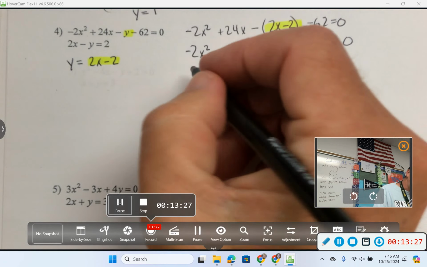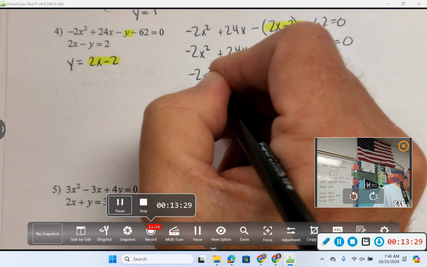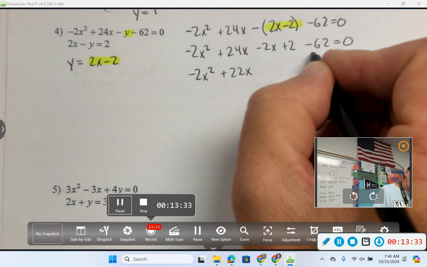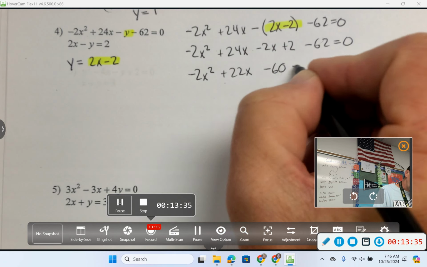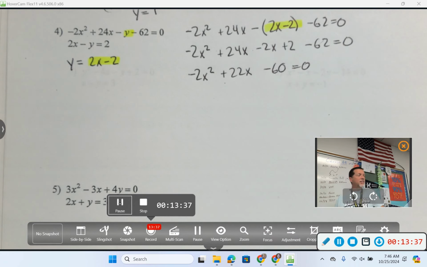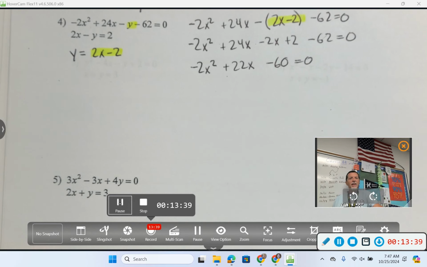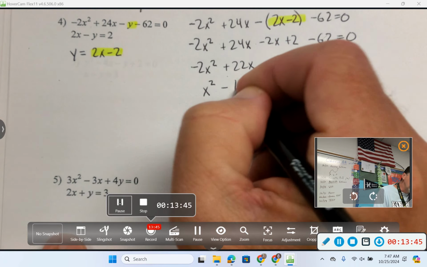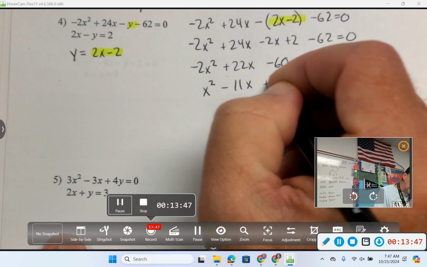Fingers crossed that it factors. Negative 2x squared plus 22x minus 60 equals 0. Because it equals 0, we can divide by negative 2 even. Make life a lot easier. So even if it doesn't factor, we've at least got easier numbers to deal with.